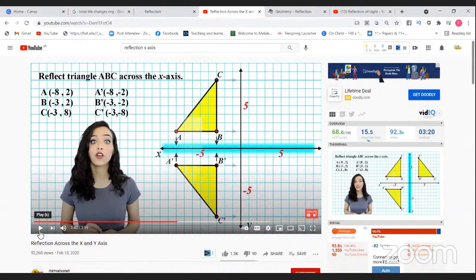The x is going to remain the same and the y is going to change. So let's go again now. The reflection in the x-axis, the x remains the same and the y changes. So if we're going to reflect in the y-axis now, what do you think is going to happen? Is the same rule going to apply or are some differences going to come about?